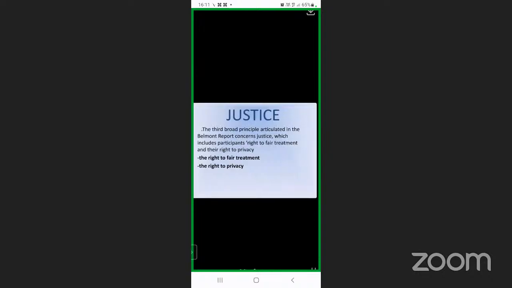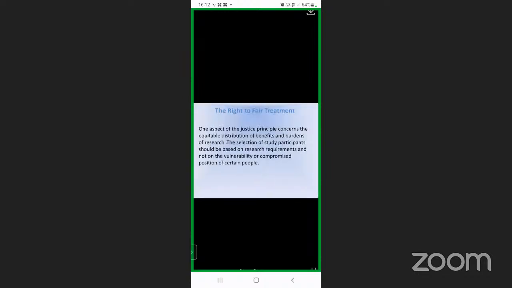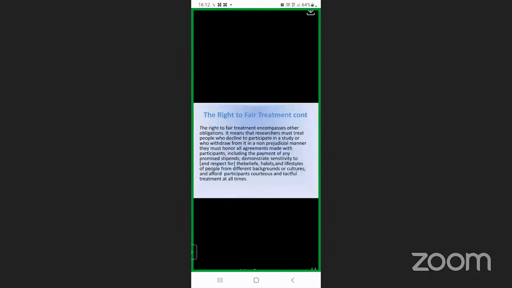Then justice. Justice is the third broad principle of the Belmont report. So what is justice? The right to fair treatment, that is, how the participant is treated, and the right to privacy.